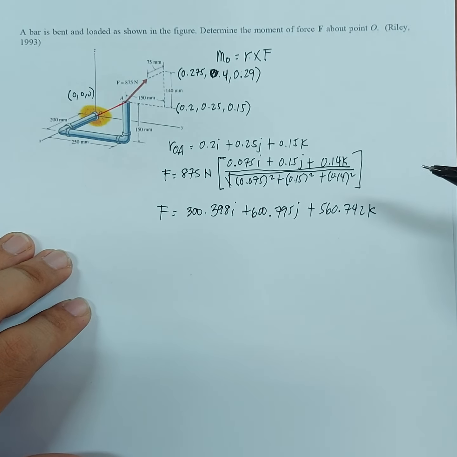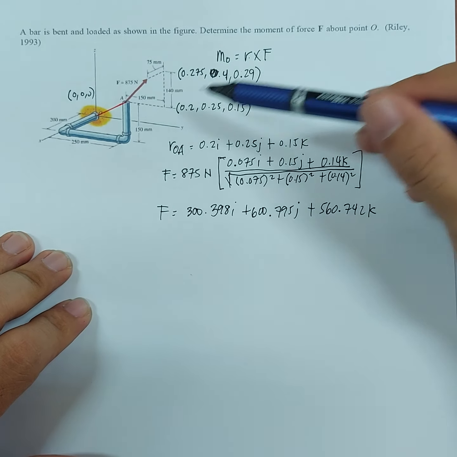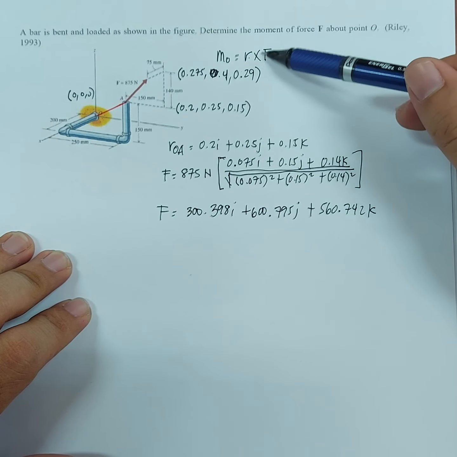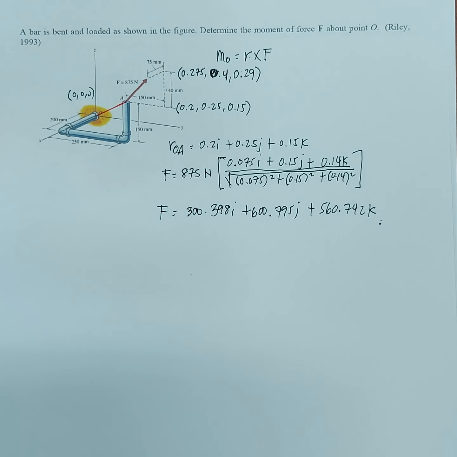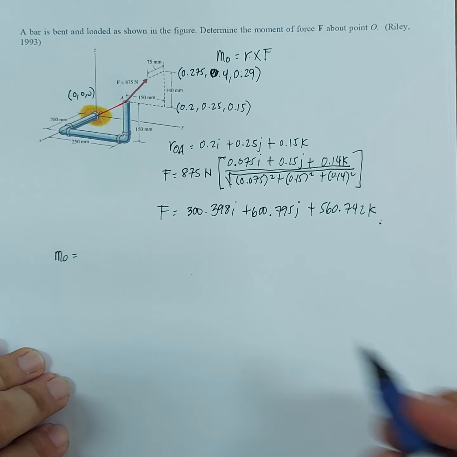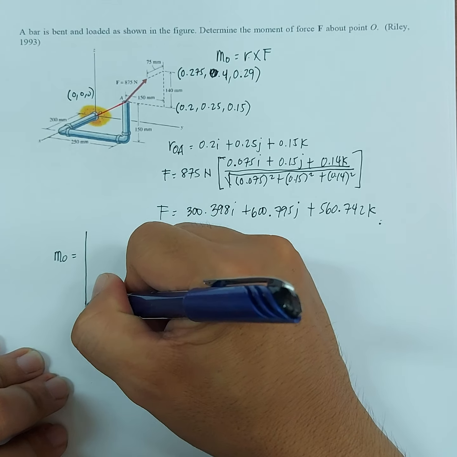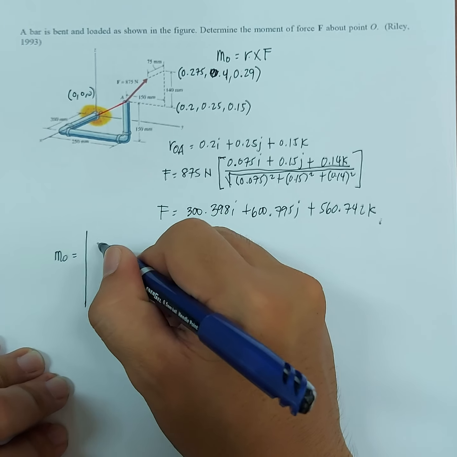Okay, so kompleto na yung ating kailangan para ma-solve natin yung moment ng force about O. We have the position vector, ROA in this case, and then yung F in Cartesian vector form. Alright, now mag-cross product na tayo. So MO is equal to the determinant of, so unahin natin yung ROA, we have 0.2, 0.25, 0.15.